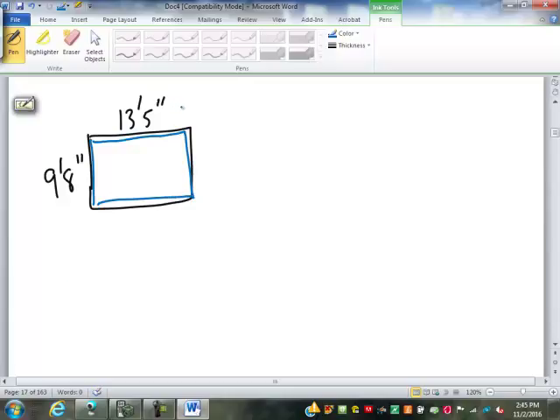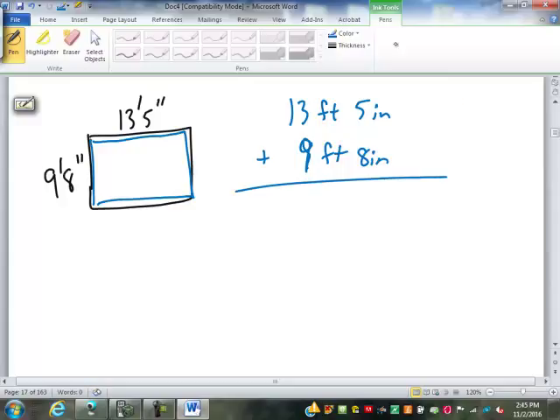Well, we're going to have to add some measurements up. Got 13 feet 5 inches plus 9 feet 8 inches. What's that going to get us? Well, 5 inches plus 8 inches is 13 inches, which is more than a foot.